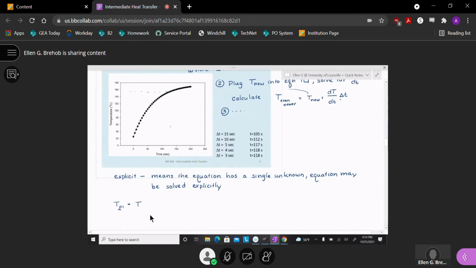So we're saying this is my time step, I'm at my new temperature, and it's J plus one.